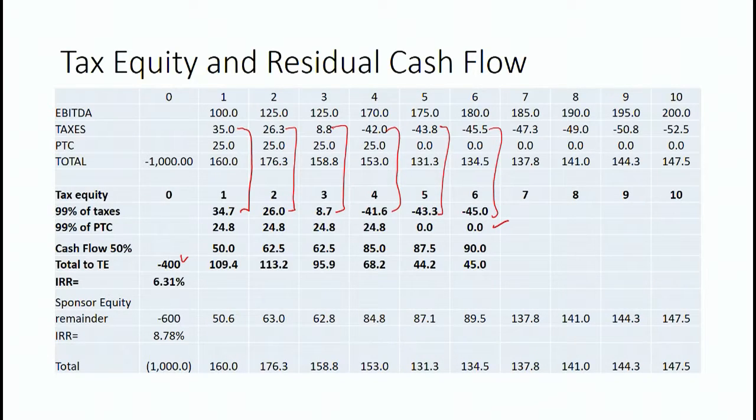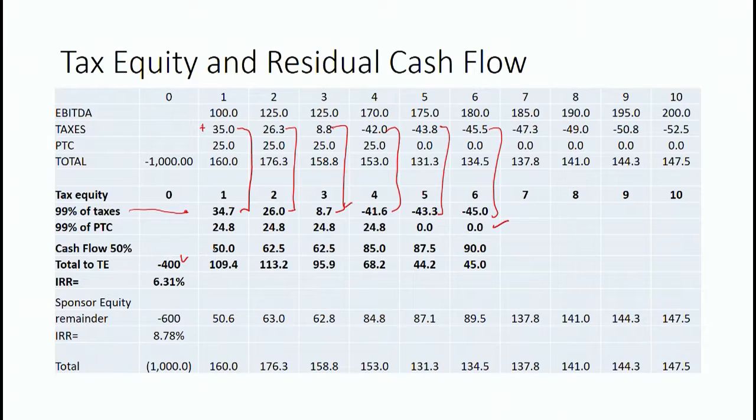Now, what this means is that with the 99% of the taxes, the fact that taxes are positive up here means that there's a tax shelter available, because of the negative EBIT that's associated with it. So what we wind up with is positive, positive, positive here, and then they start paying the taxes.